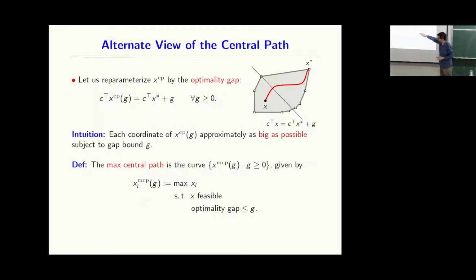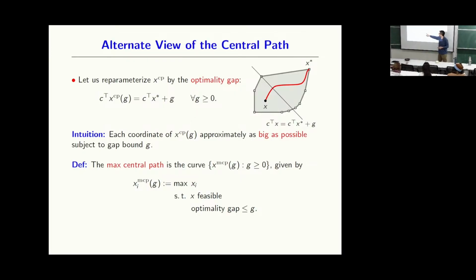And so you can look at this by defining what we call the maximum central path, which is a combinatorial analog in our context of the central path. Given a gap G, which is your optimality gap and defines the objective value, we compute for the ith inequality how far away from it I can be.